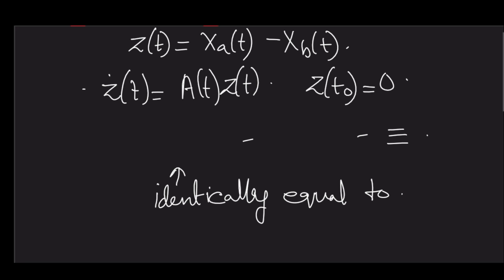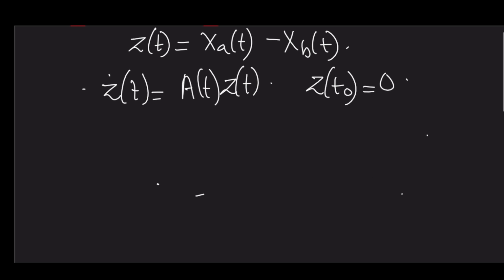That is what happens at an equilibrium point, where the rate of change of state variables becomes identically equal to 0. So our objective is to prove that Z(t) is identically equal to 0.